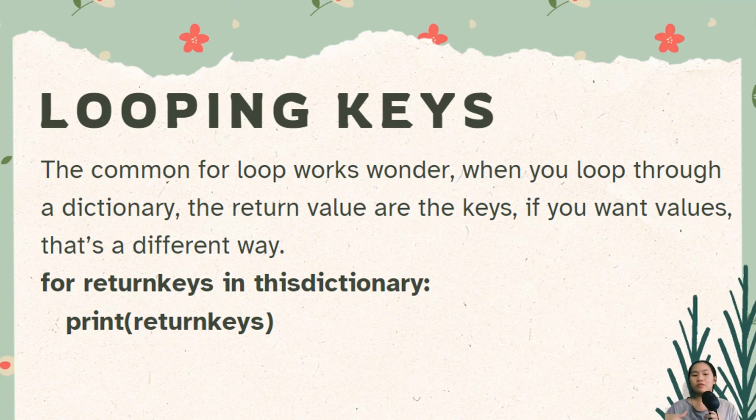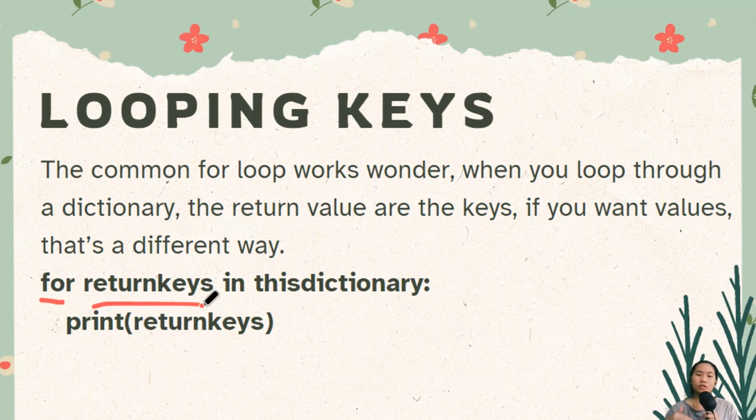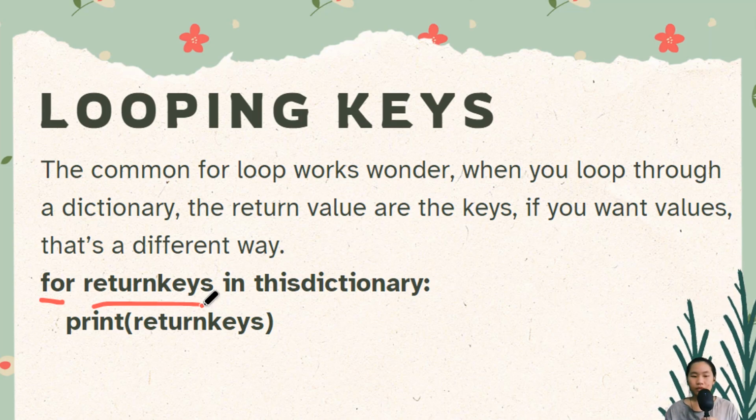Now, if you want values, I'll tell you in a bit, and this is the syntax that we're working with. For loop, return keys, once again, this is just a placeholder. You can name this as anything, X, Y, Z, values, not values, result. For example, I'm just putting in return key so it's easier to understand.